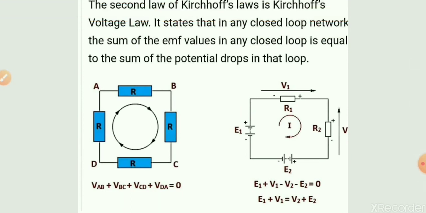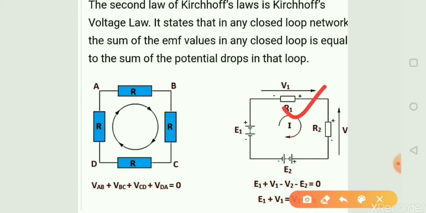Now here this component could be a resistor, capacitor or inductor, and the voltage according to these two elements. Here is element R, resistance. So these two elements, the voltage across them is V1 and V2.